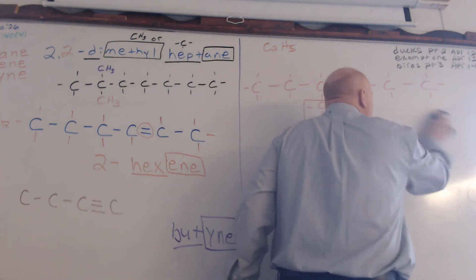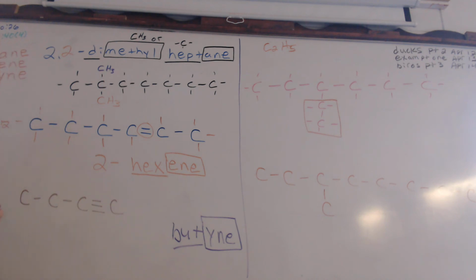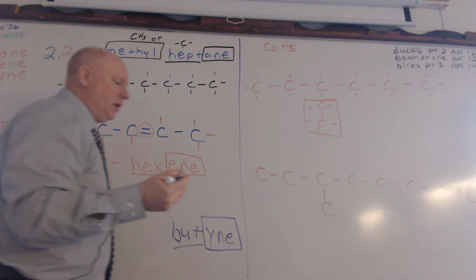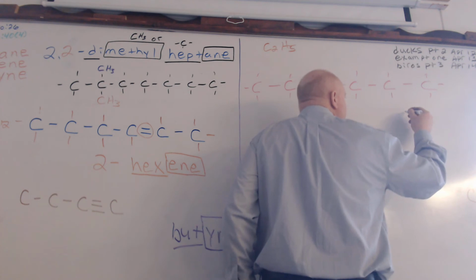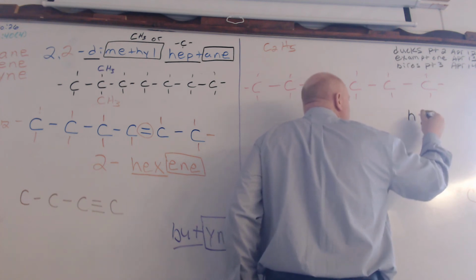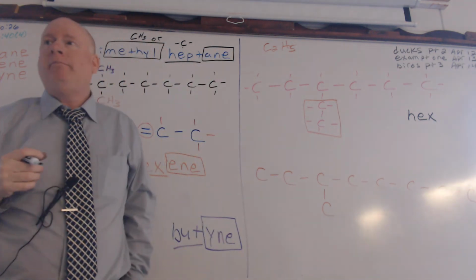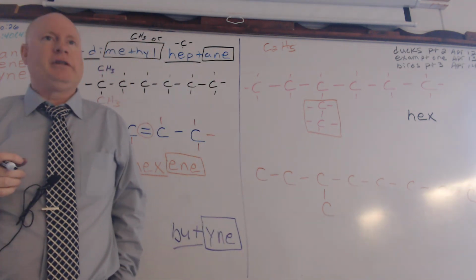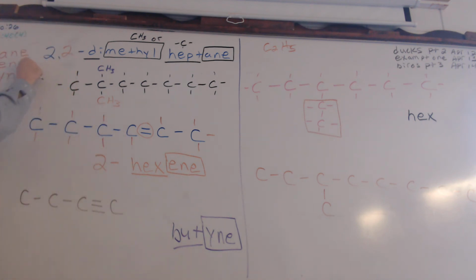Same thing. How many carbons are in your parent chain? So, what is the prefix for 6 carbons? Now, is everything single bonded? Yes. So if it's single bonded, what type of family is that?